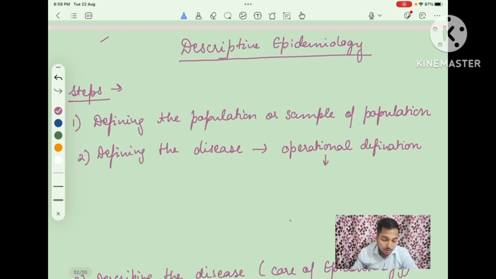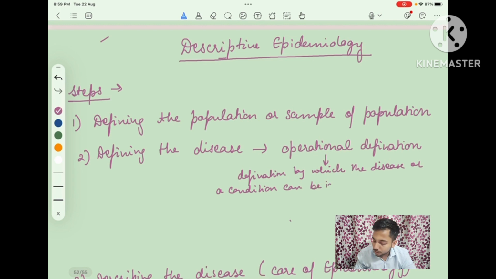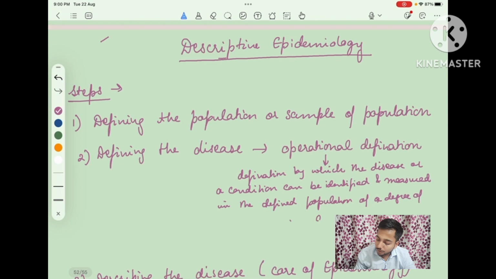But here we have to give an operational definition, which is the definition by which the disease or a particular condition can be identified and measured in the defined population with a degree of accuracy.